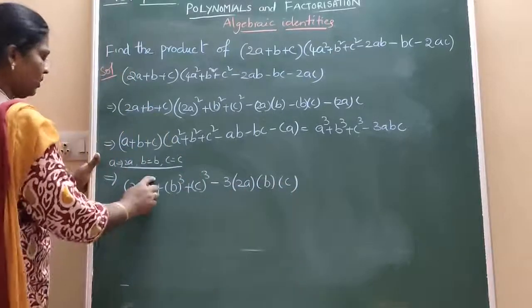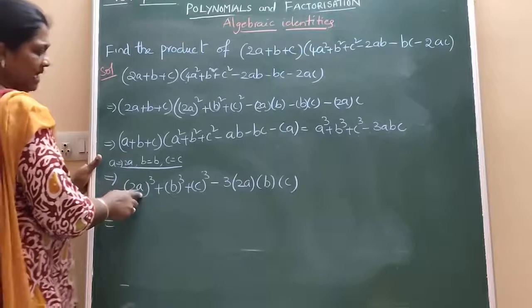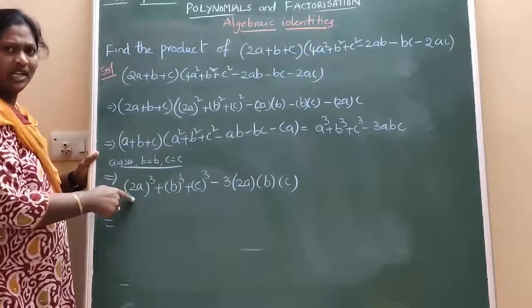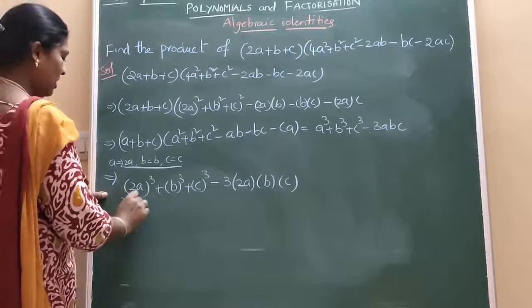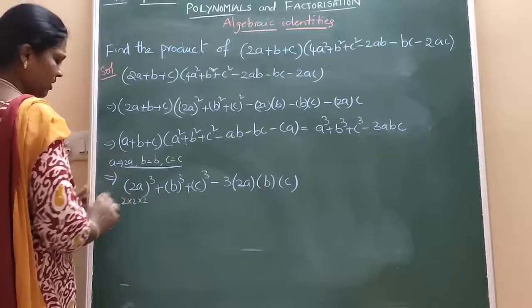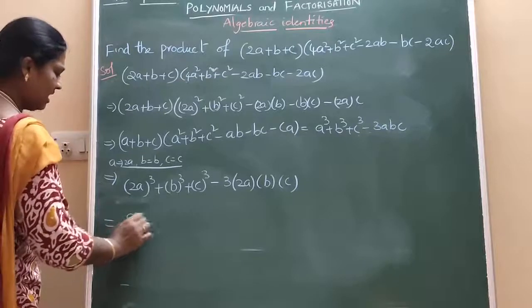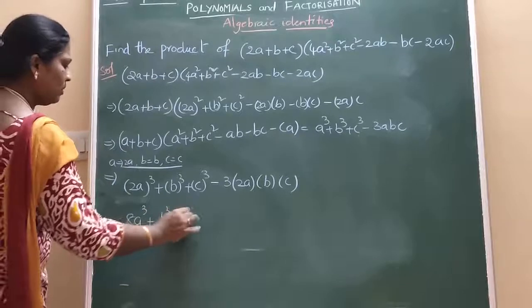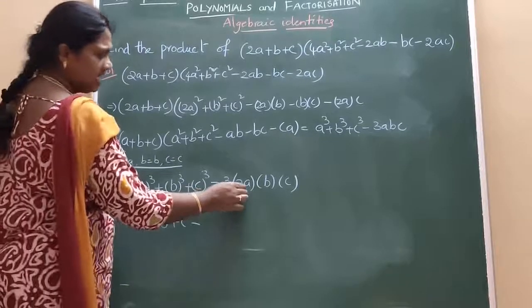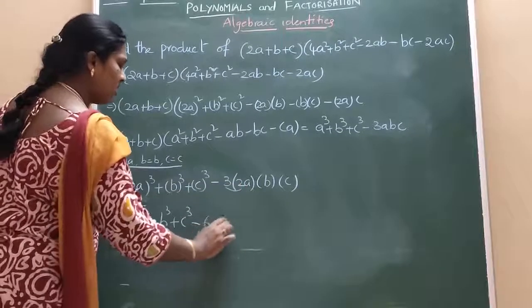2a whole cube means how many times we have to multiply 2a? That is 3 times, no? 2a into 2a into 2a. 2 2s are 4, 4 2s are 8. So we can write that is 8a cube plus b cube plus c cube minus 3 2s are 6, so 6abc.